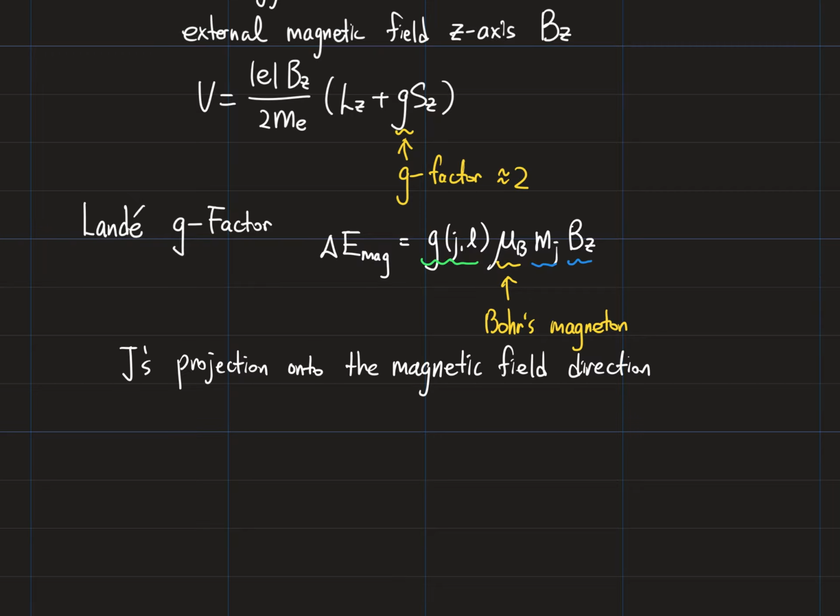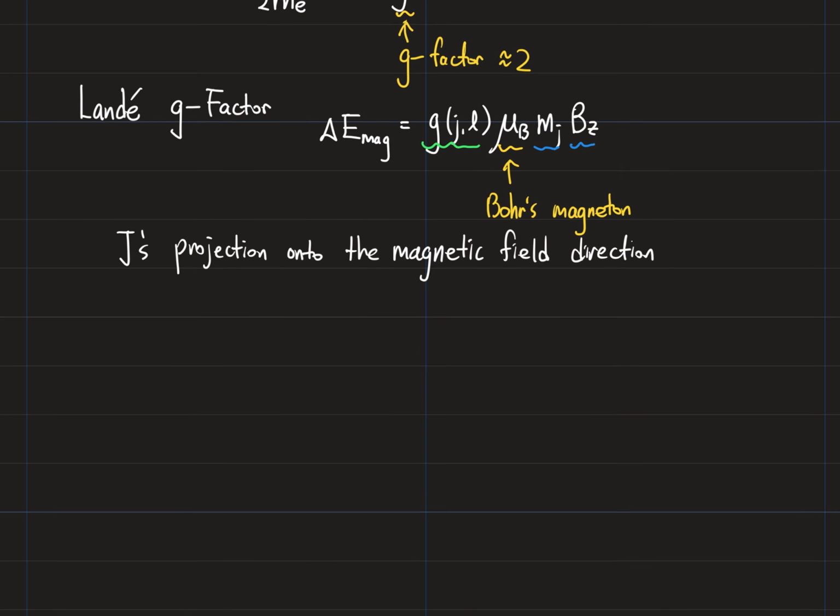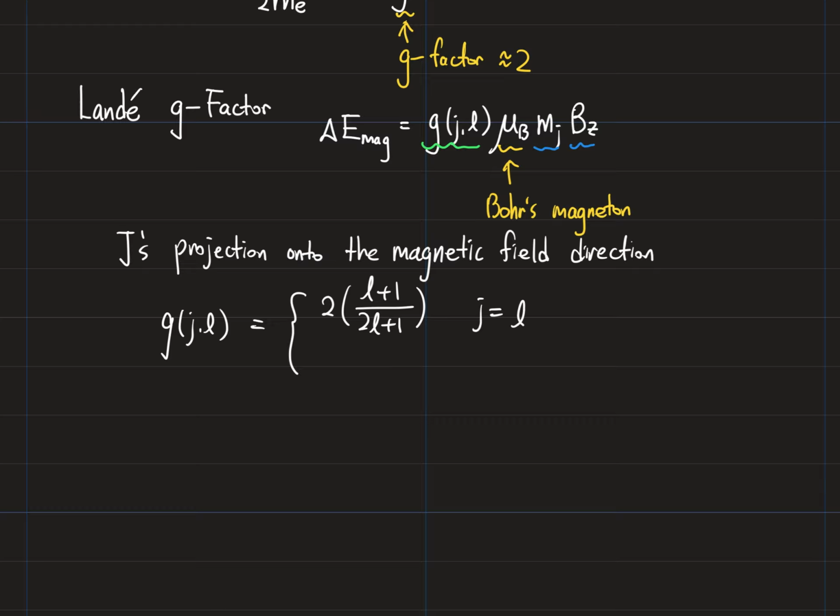Let me briefly check the formula. g_JL is given depending on the J value's relation to L. So for J equal to L plus 1/2, this is the orbital angular momentum coupled with alpha spin.